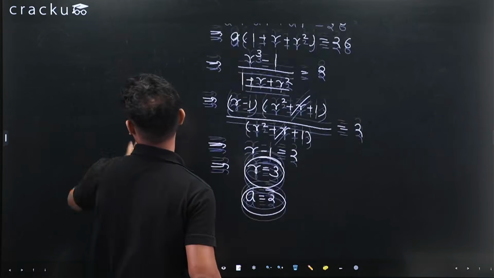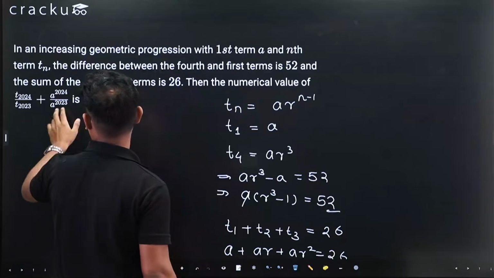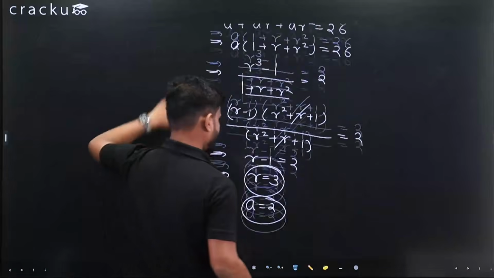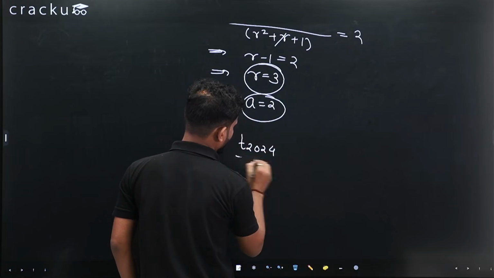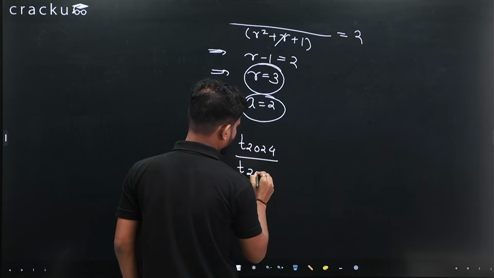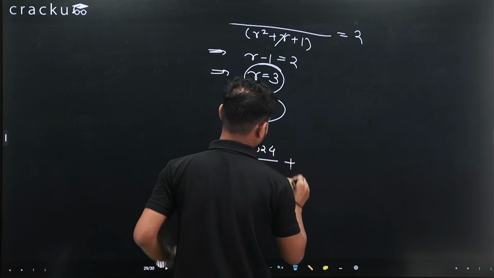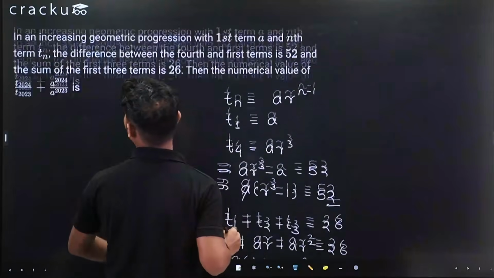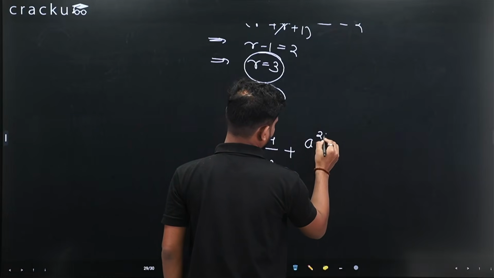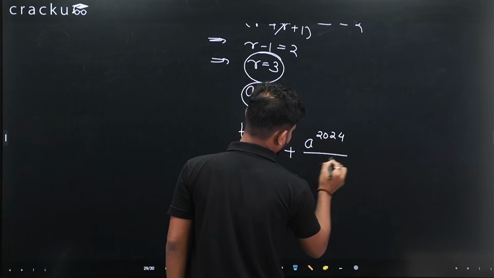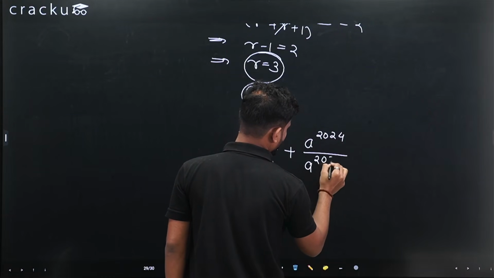What do we need to find? We need to find t of 2024 upon t of 2023 plus a raised to 2024 upon a raised to 2023.